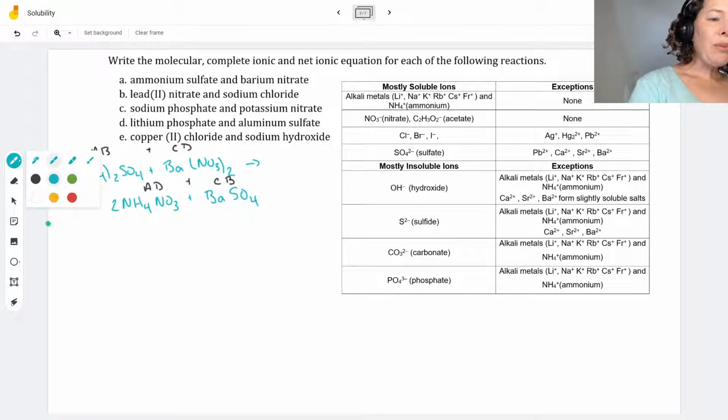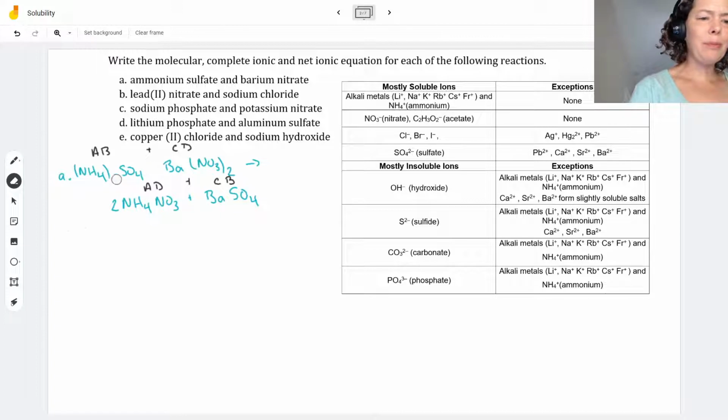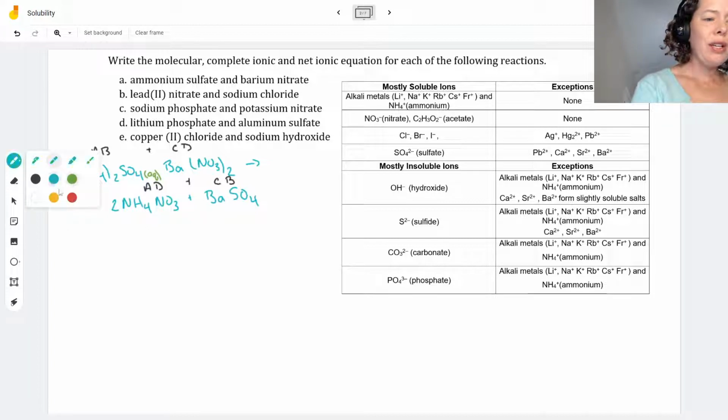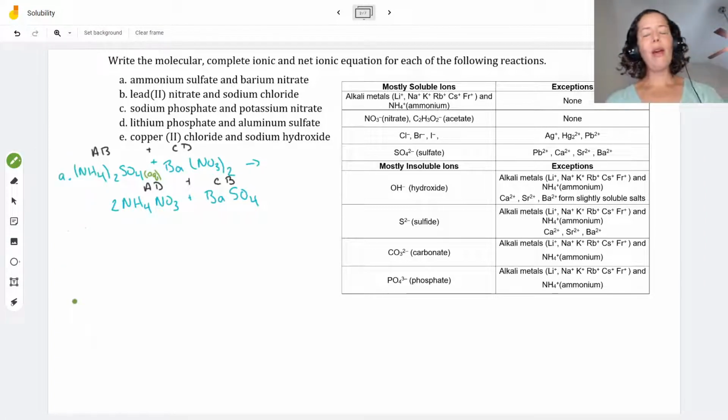So I am going to put, maybe I'll do it in green, I'm going to have to move this plus. I'm going to put an AQ in parentheses afterwards. And let me put that plus back in. Okay, so I'm going to do the same thing with my barium nitrate.